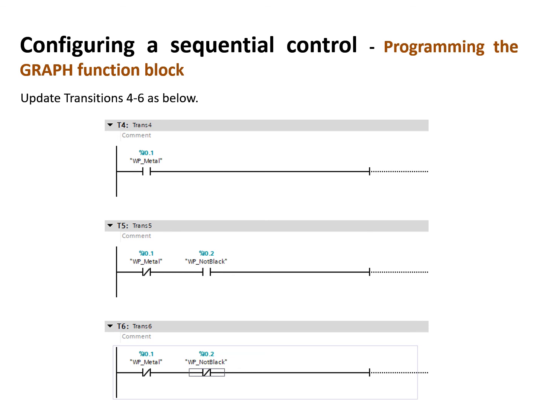If the part is not metallic and not black, then we should go to the third branch, and that branch should be true, because at the time one of these conditions should be true, either condition 4 or 5 or 6.